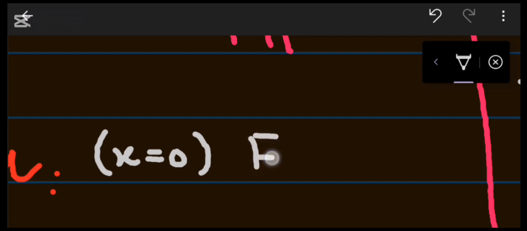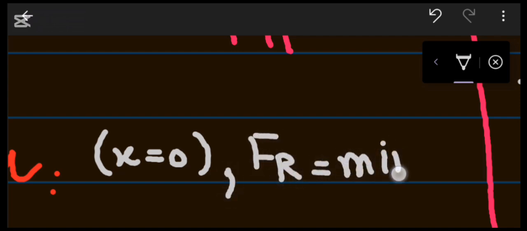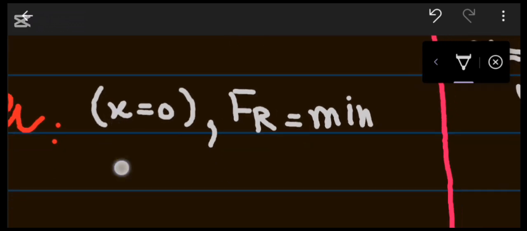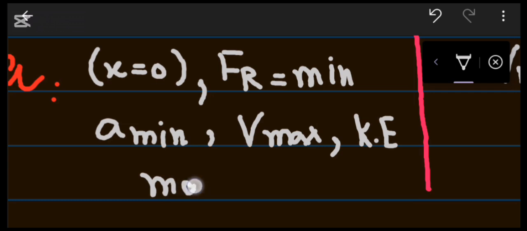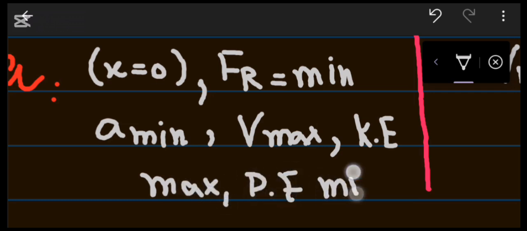Then the restoring force is always towards the mean position, so it is minimum there. And acceleration is minimum because the change in velocity is minimum here. Then velocity is maximum, kinetic energy is maximum, and lastly, potential energy is minimum here.